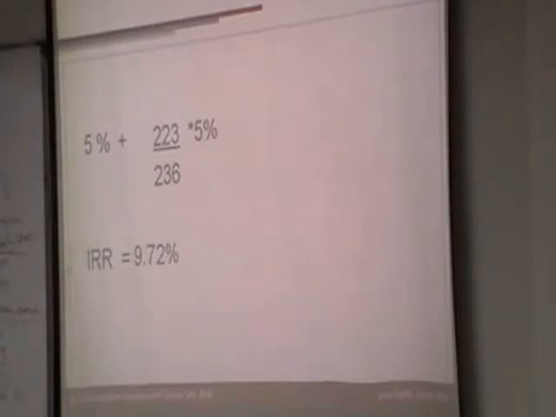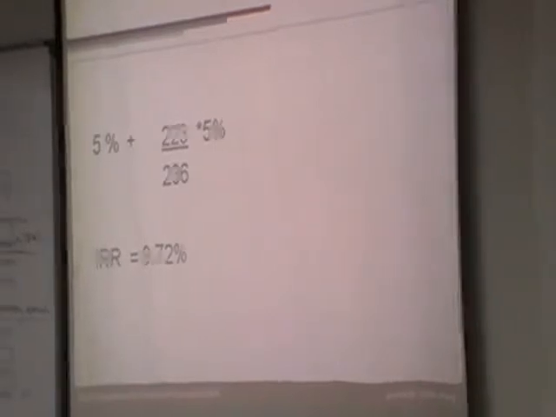It is 10 minus 5, because of the difference. How do I get this 236? 223 plus 13, 236. How do I get 0 to 223? Can you follow?